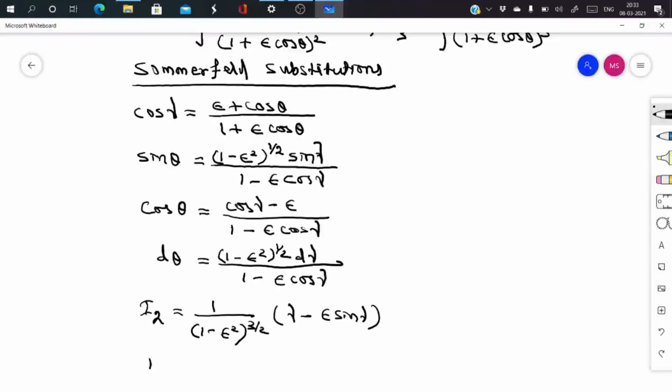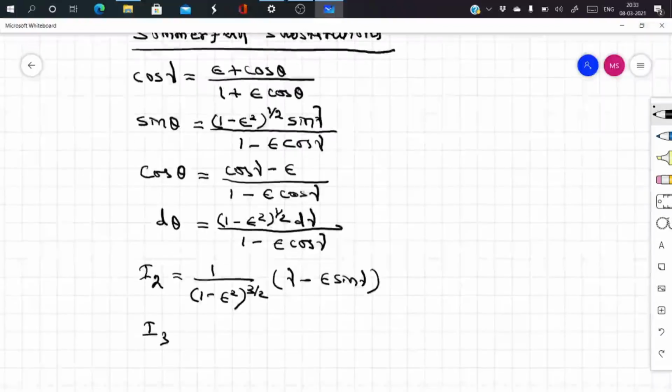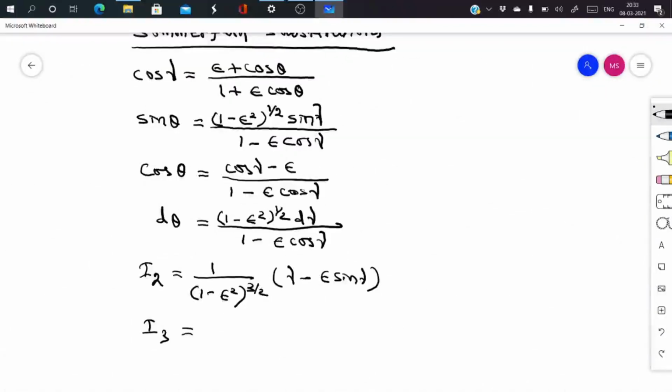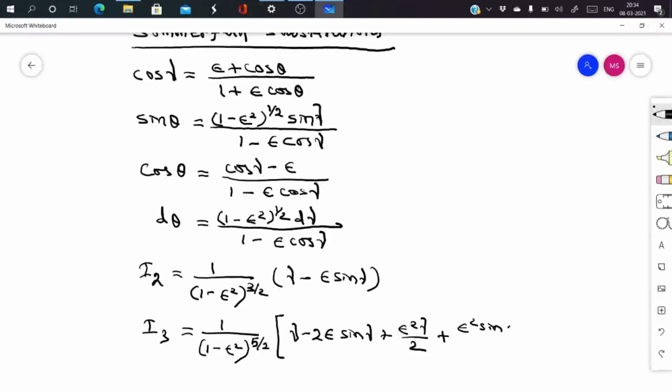and then I3 equal to 1 by (1 minus epsilon square) to the power 5 by 2, times gamma minus 2 epsilon sin gamma plus epsilon square gamma by 2 plus epsilon square sin 2 gamma divided by 4.